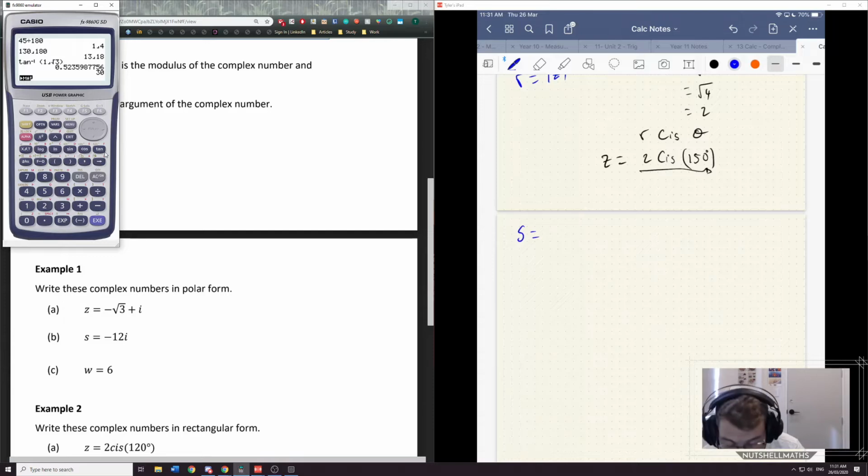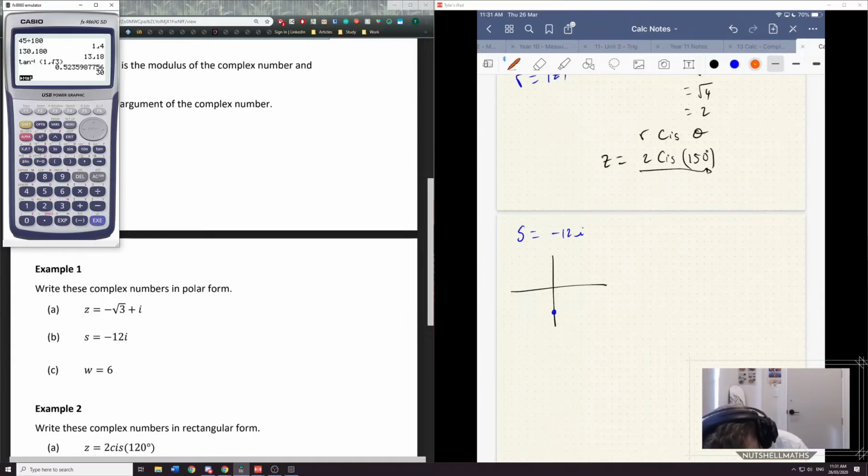S equals minus 12i. Let's draw the diagram and go piece by piece. Minus 12i is just going to be down here, isn't it? I keep drawing small. Let me draw bigger. Minus 12i is just going to be here.